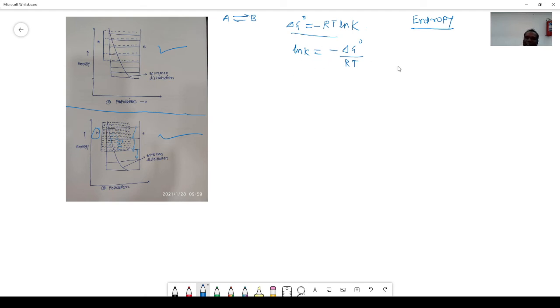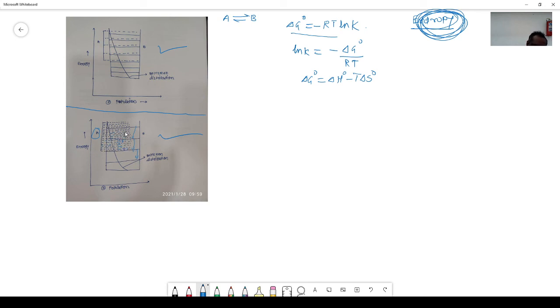So we know the equation. In the previous chapter we have seen the equation, that is delta G0 is equal to delta H0 minus T delta S0. Why have we introduced this entropy term? The distribution of the energy levels is very high.